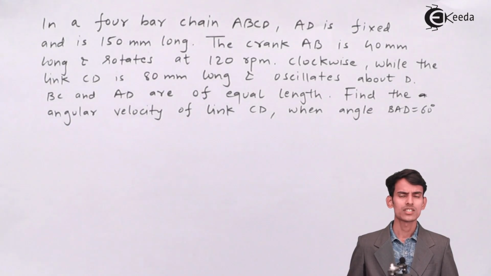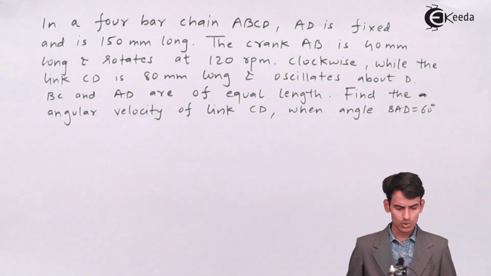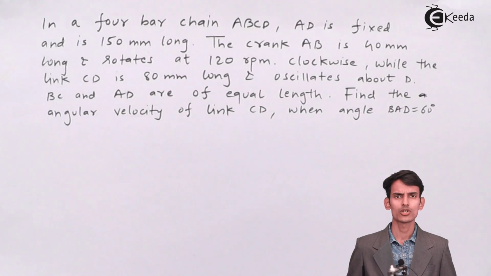If the question is talking about only angular velocities of different links, you draw only the velocity diagram. Here in this question there is only the angular velocity of link CD, so we can get it just by drawing the configuration diagram and the velocity diagram.